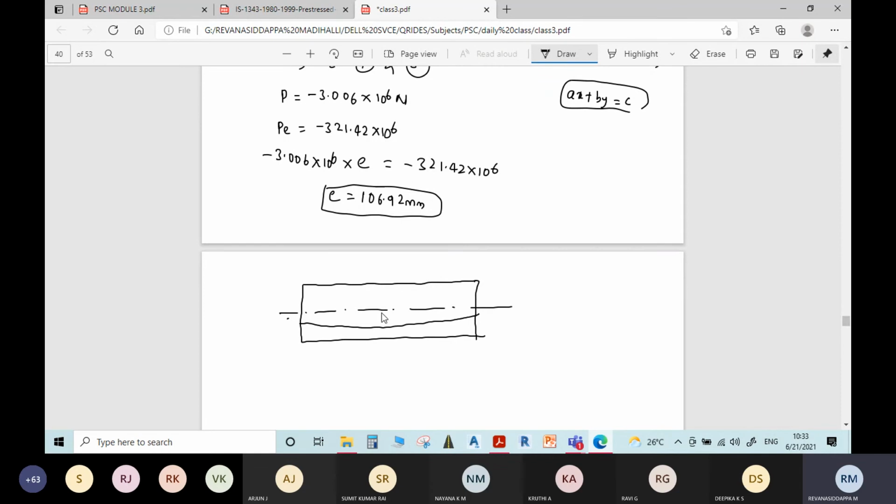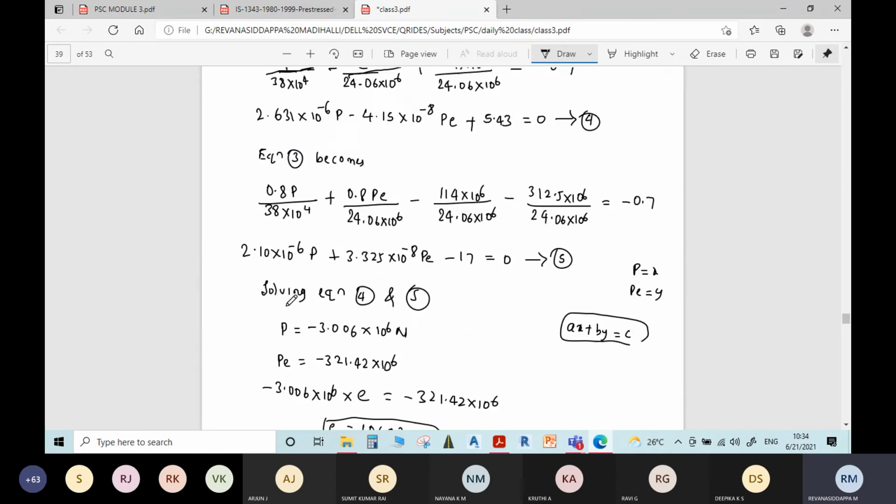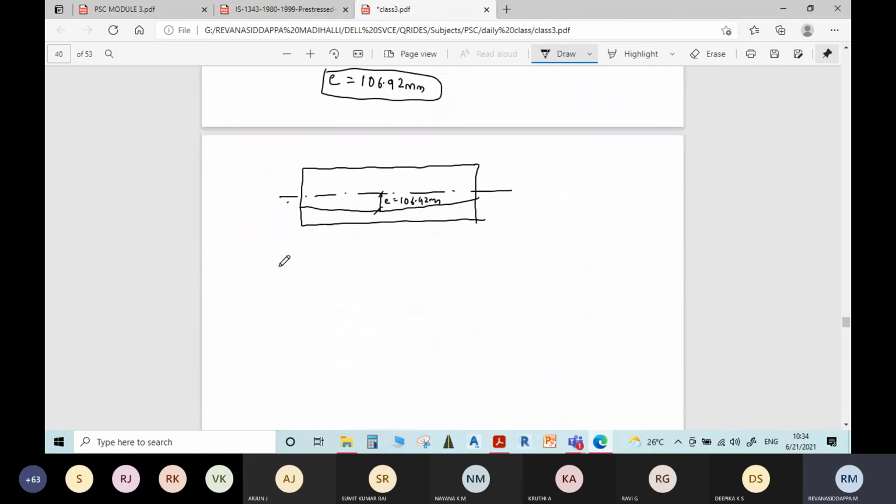So eccentricity is how much? 106.92. e is equal to 106.92 mm. Overall depth of the beam is how much? 380 mm. Overall depth of the slab. It is 380 divided by 2. So 380 divided by 2 is 190. We will get 190.